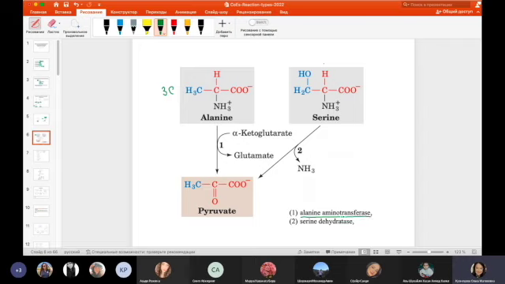And new keto acid, which is formed in this transamination, is pyruvic acid, 3 carbon compound. Serine, reaction number 2 on this slide. Serine undergoes deamination. It means elimination of amino group in the form of ammonia. It's better to add NH4 plus.